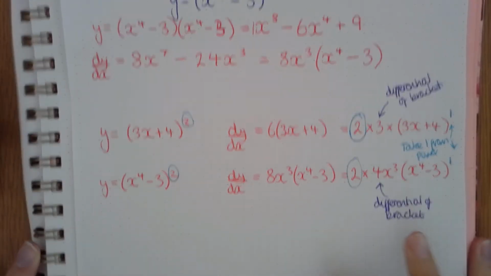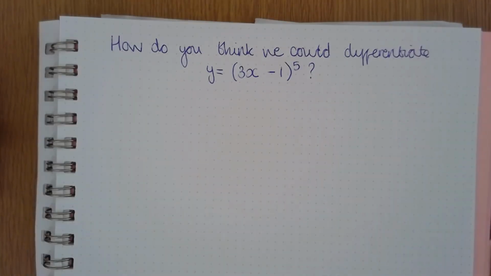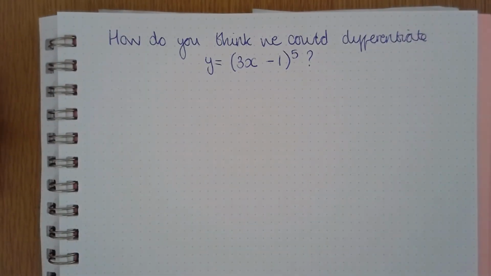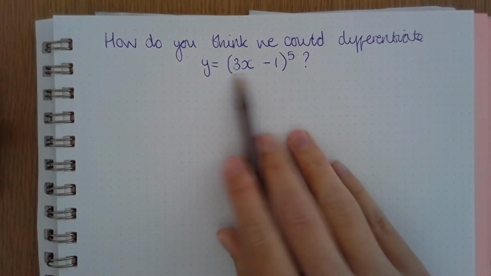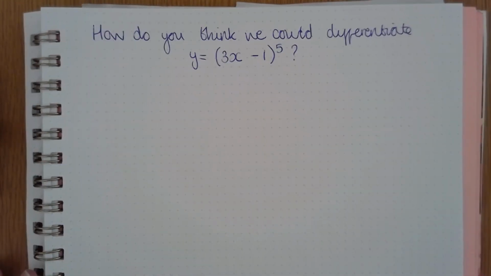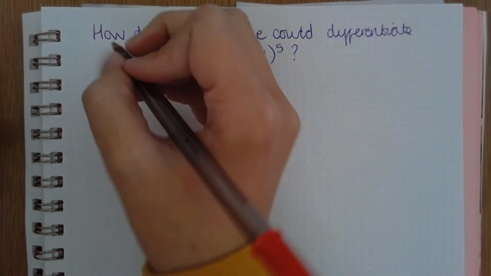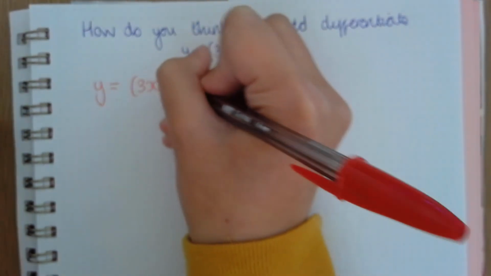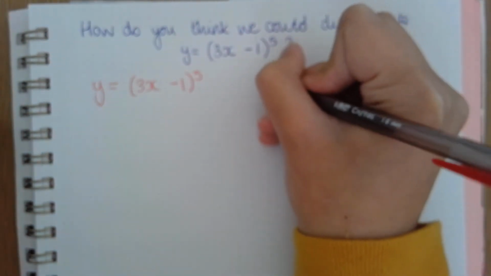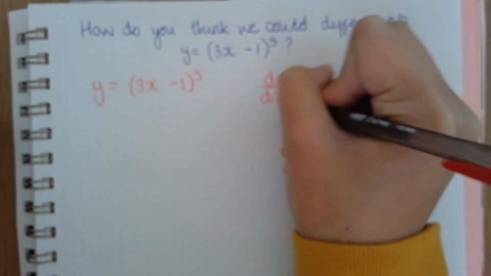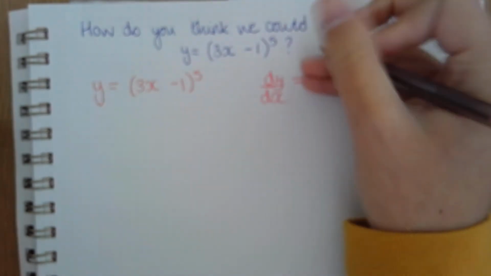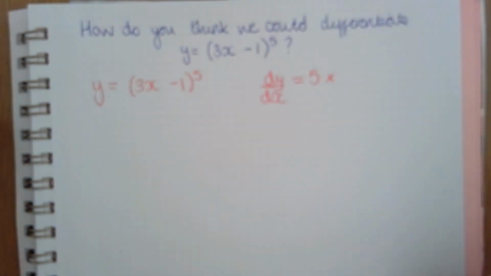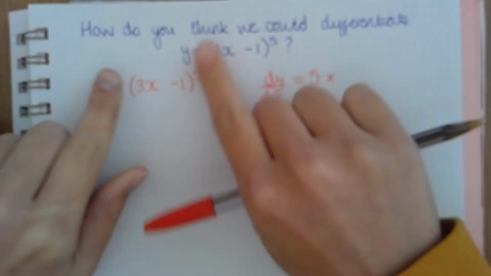Now we're going to have a look at this question. This is to the power of 5, so I don't really want to be expanding these brackets. I'm going to be there for ages. So we want to start to use the chain rule. Remember, we've got y equals (3x take 1) to the power of 5. My differential would be: I times by the power, so 5 times the differential of inside the brackets.